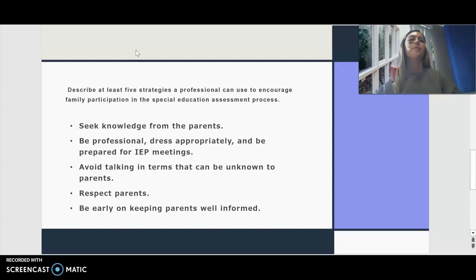The second thing I put was be professional, dress appropriately, and be prepared for the IEP meetings. Make sure that you have things like samples of the student's work and other information that you have already prepared, and also give positives whenever possible.